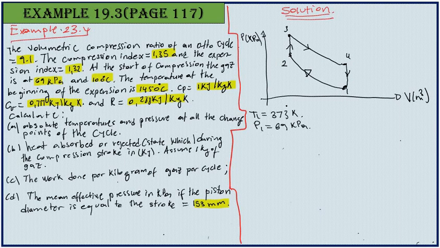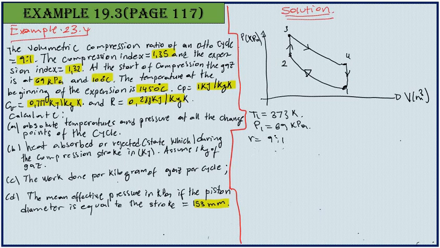So they also give us the volumetric compression ratio. So we know that R is equal to 9 to 1, so that is not 1.1 here, it's 9 to 1. So therefore we can determine P2.